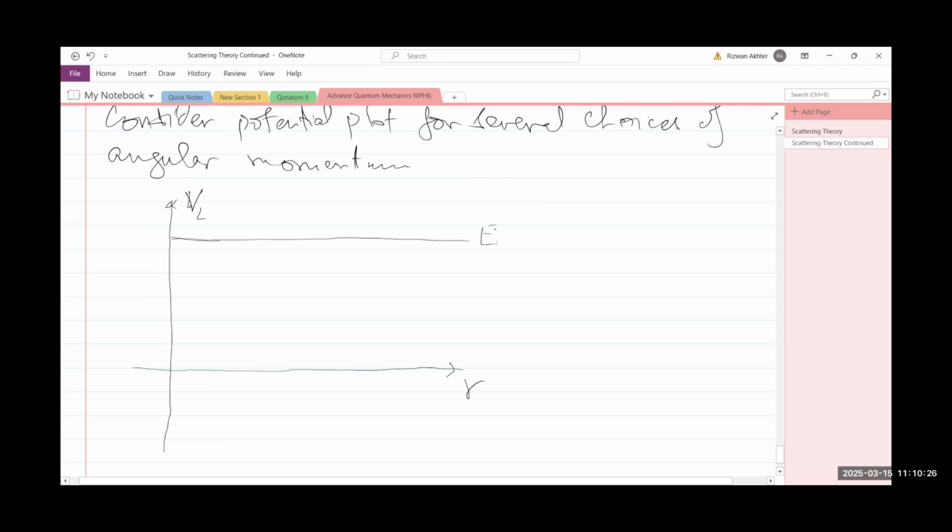So this is the energy, that is the particle energy, the incoming particle energy.